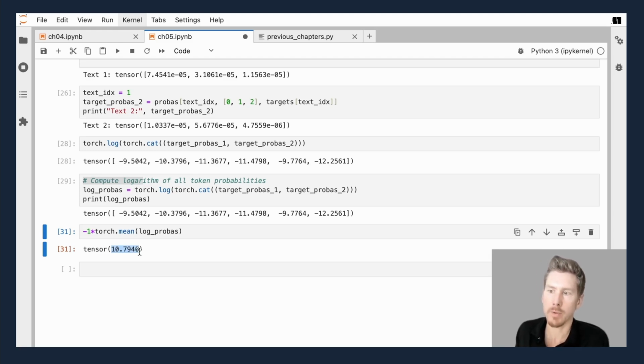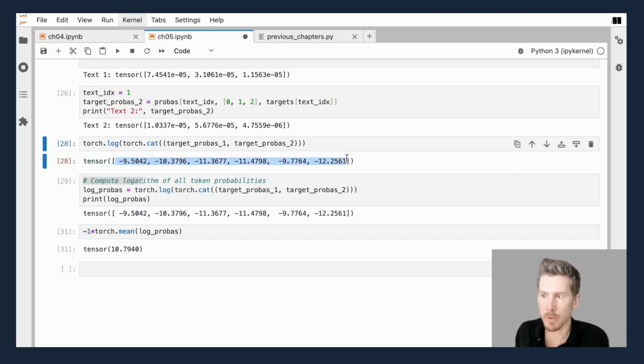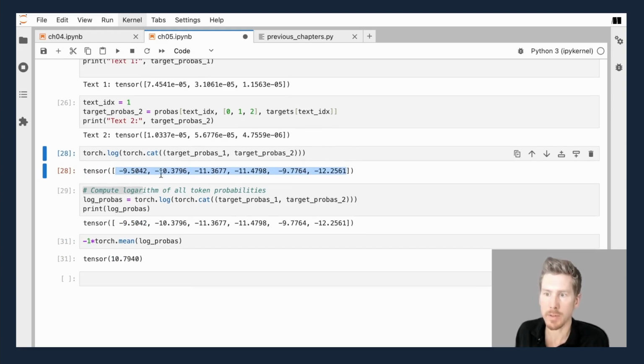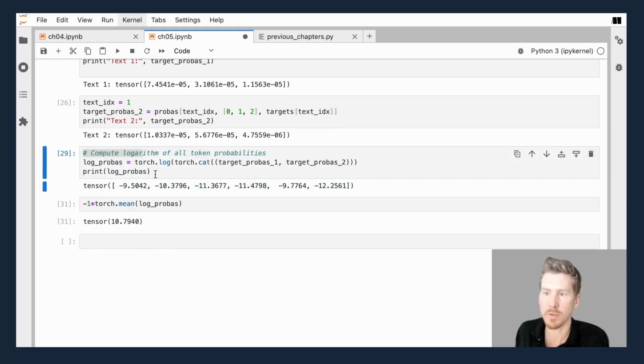If this number is close to zero, that means these log values are close to zero. Let me get rid of this, it's less confusing.